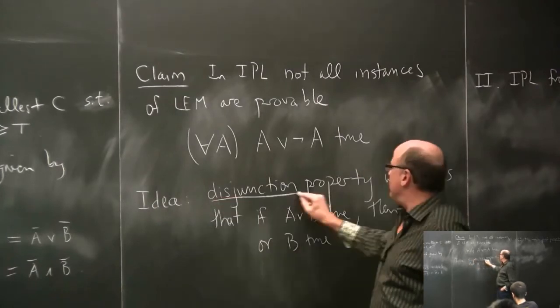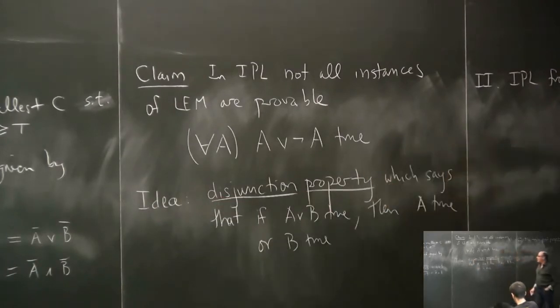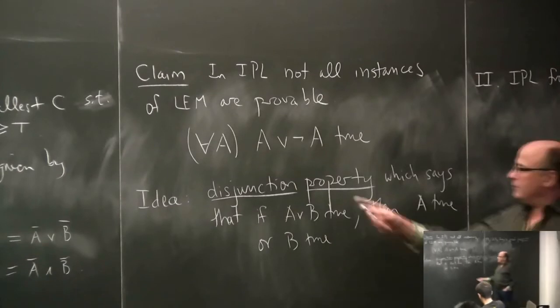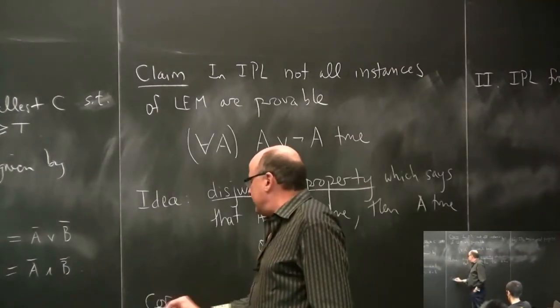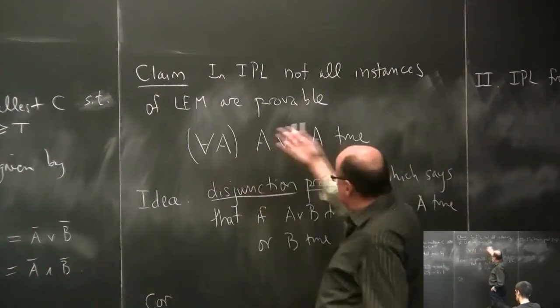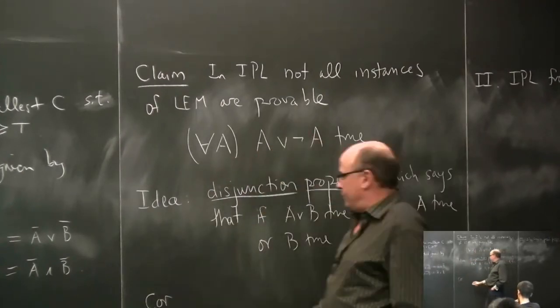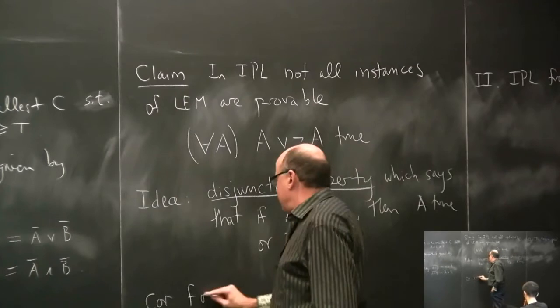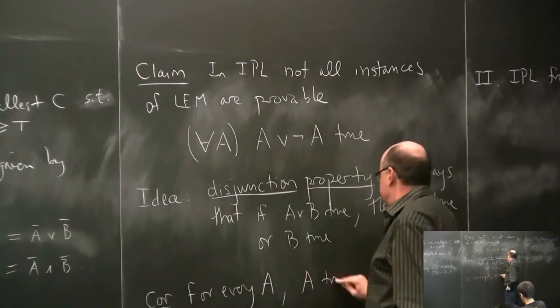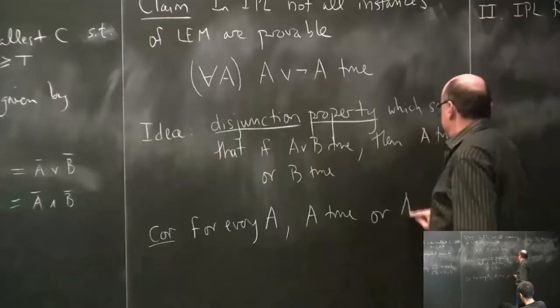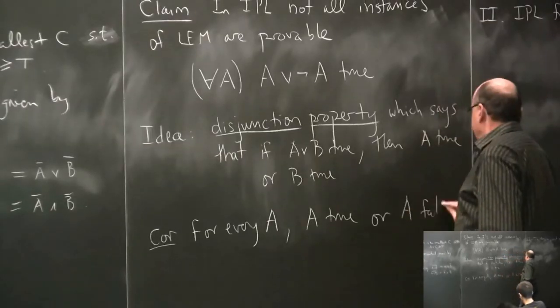We'll come back to whether the disjunction property holds and what it means. But let's just say if we have the disjunction property, then the law of the excluded middle holds. The corollary would mean that for every A, I have either a proof or a refutation: either A is true, or A is false, which is refutable.